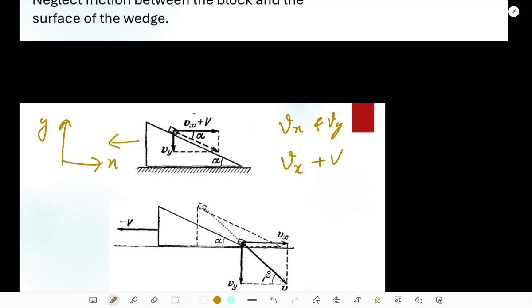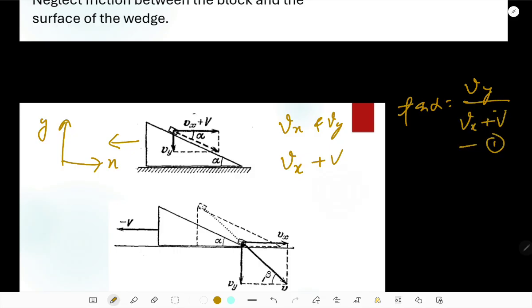So you can put this in your mind that the total velocity of the block relative to the wedge must be directed along its surface, along the surface of the wedge, and you would be able to write a kinematic equation like tan alpha equals Vy upon Vx plus V. I'm working with respect to the wedge.